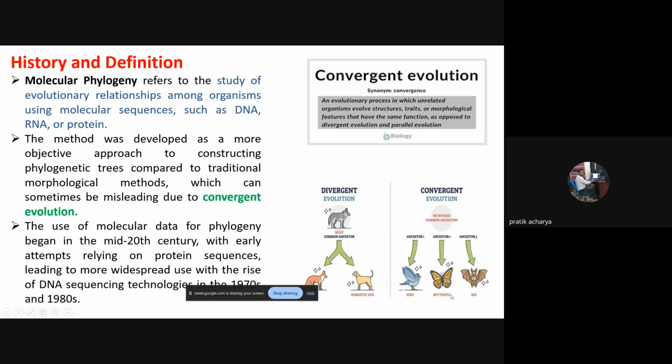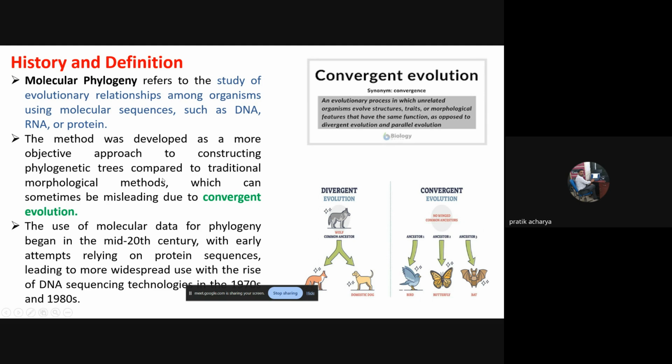If we place all the organisms in an evolutionary tree in a similar group due to their function, then it would be difficult. That's why molecular phylogeny gives a completely different idea regarding this ancestry, where convergent evolution misleads the process of understanding the ancestry. Molecular phylogeny provides a better idea regarding common ancestry.